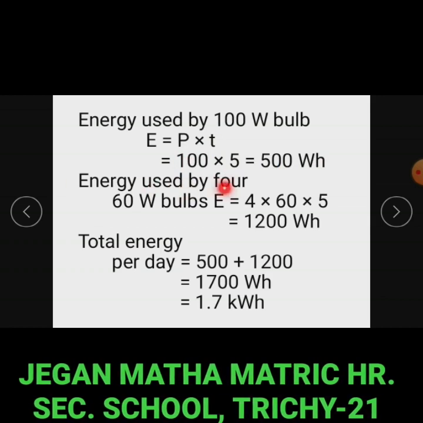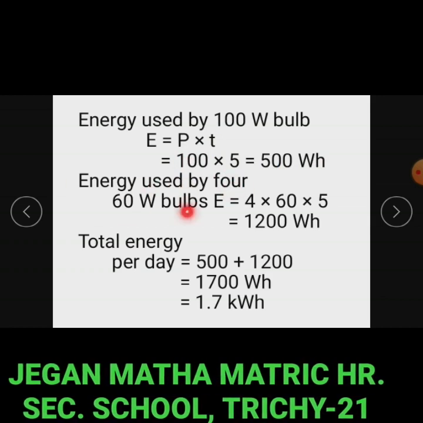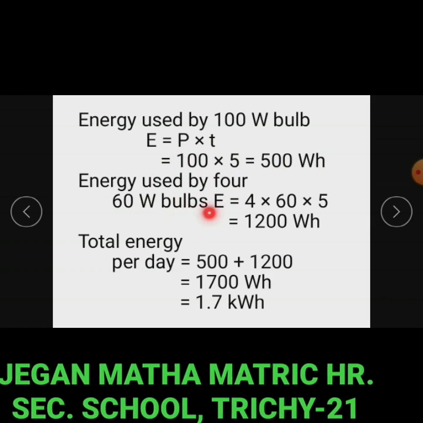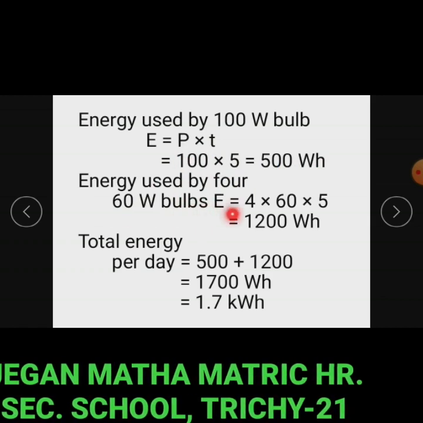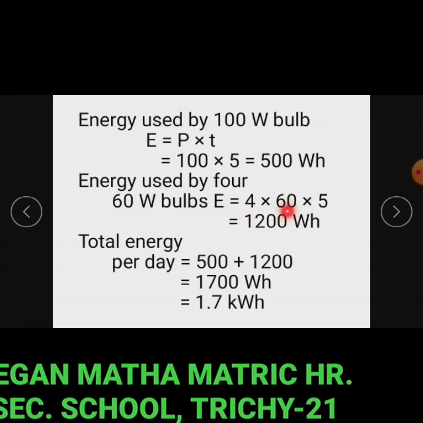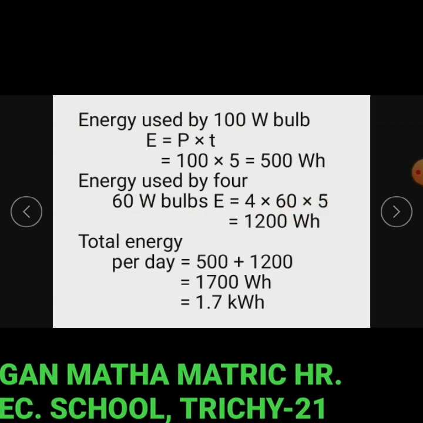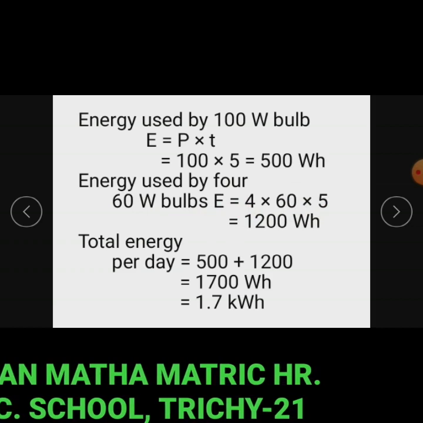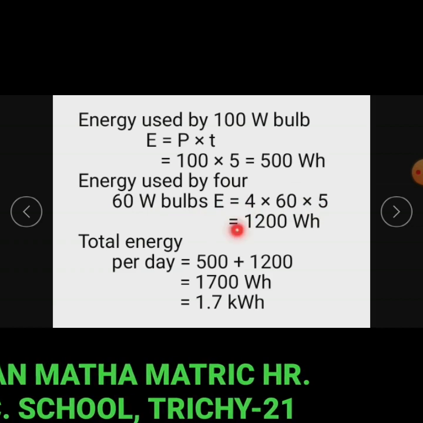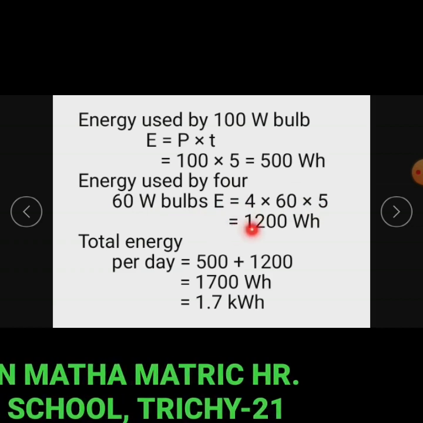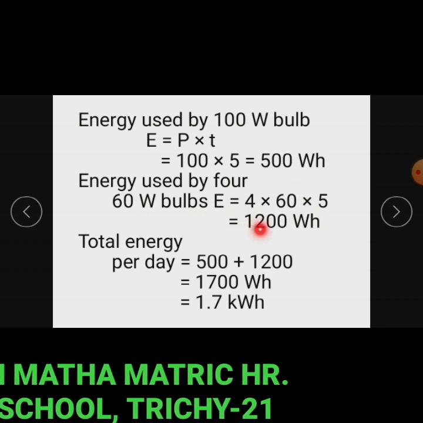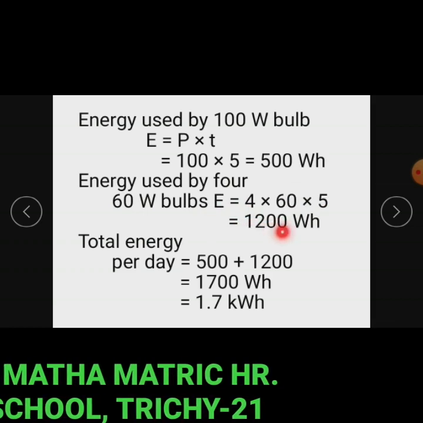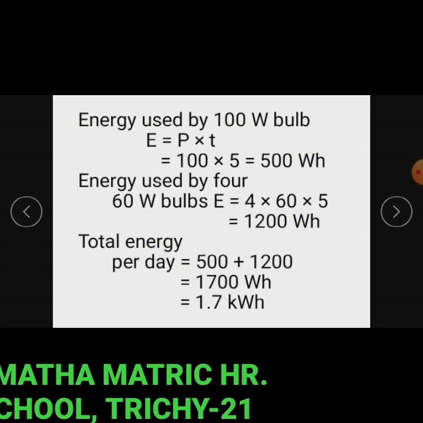Energy used by 4 60 watt bulbs for 5 hours. E equal to 4 into 60 into 5 equal to, 4 5s are 20, 20 into 60 we get 1200 watt hours.